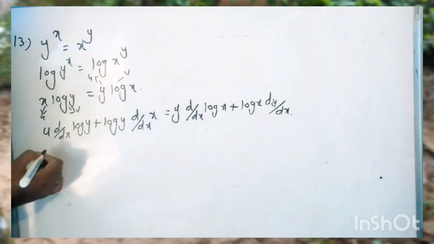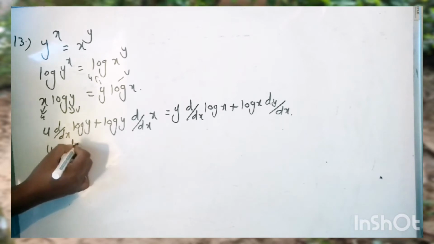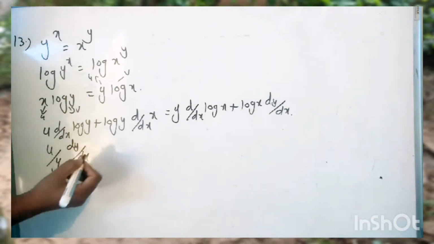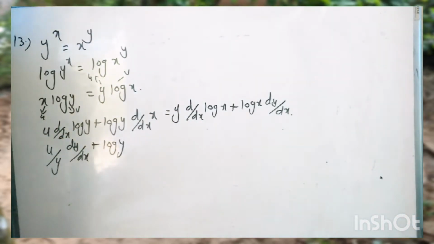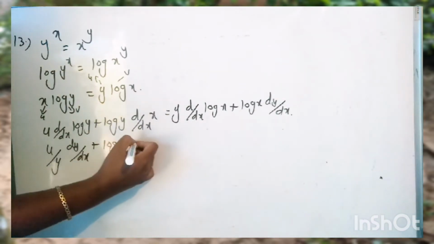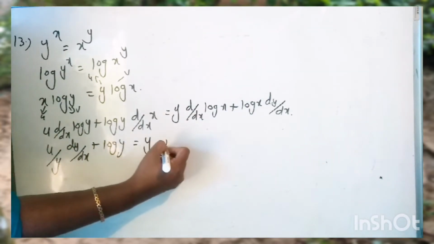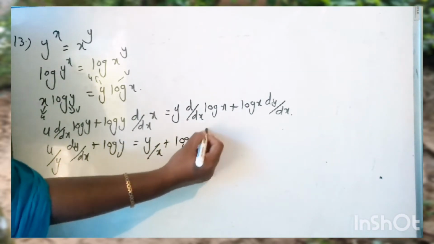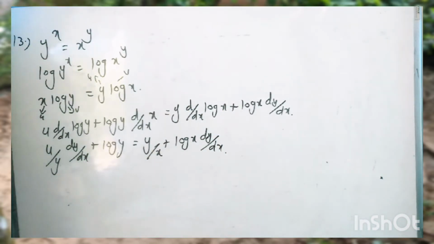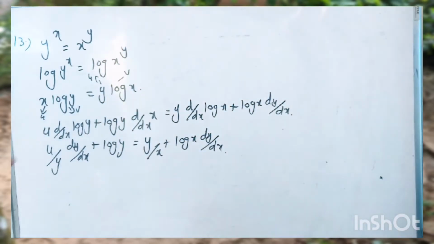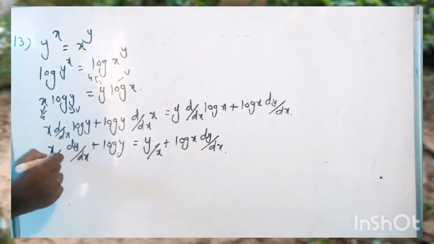Okay, and this is u into the derivative of log y, which is 1 by y, and we need to take the derivative of y also, that is dy by dx, plus log y, the derivative of x is 1. This is equal to y into the derivative of log x which is 1 by x, plus log x into dy by dx. Now this is x into, so x by y we will have.